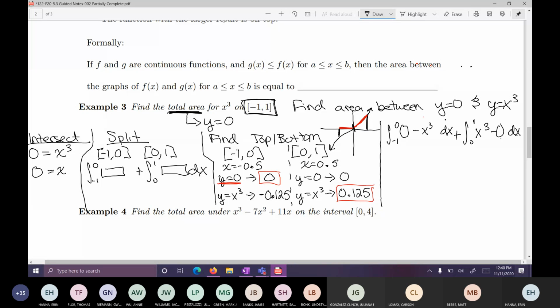I'll come back to the final answer for this on Friday. And we'll talk about this a lot more on Friday. I know it's a pretty hefty process, kind of like the max-min stuff with derivatives. So we'll come back to this on Friday and probably on Monday as well a little bit.